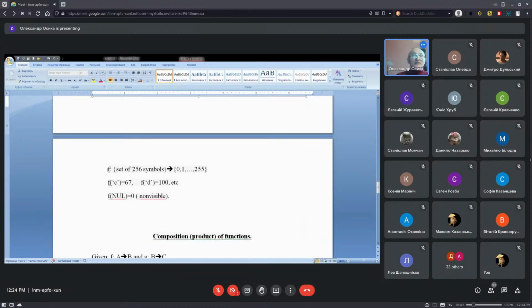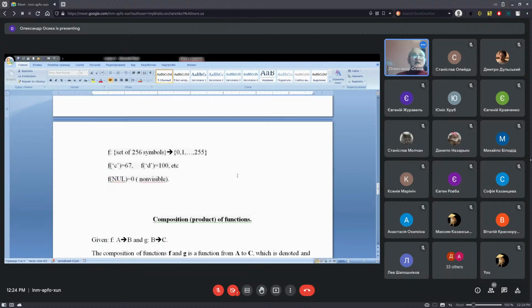And here we have a function from the set of 256 symbols into the set of numbers from 0 to 255.